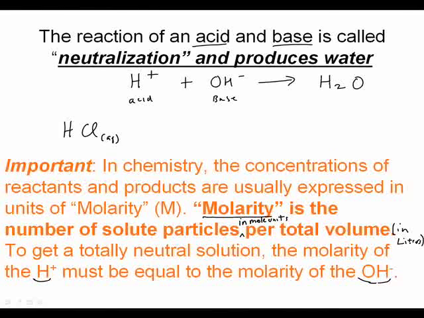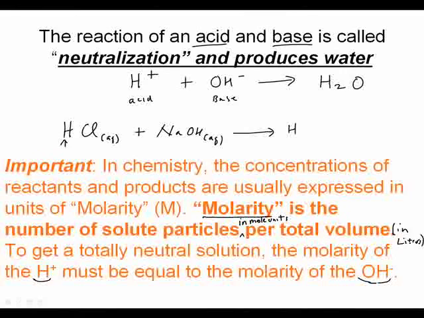And you just have to understand that when it hits the water, it does ionize to produce loose H plus. And our other friend here, sodium hydroxide. When I throw it into water, I'm going to have Na plus and OH minus. And I'll end up with, well, water again. Here are my two anion and cation, anion and cation, anion and cation.